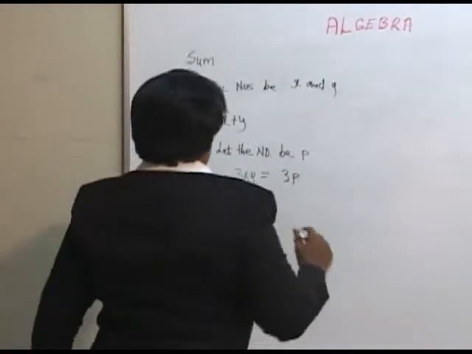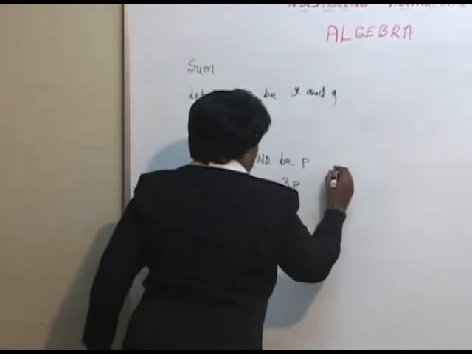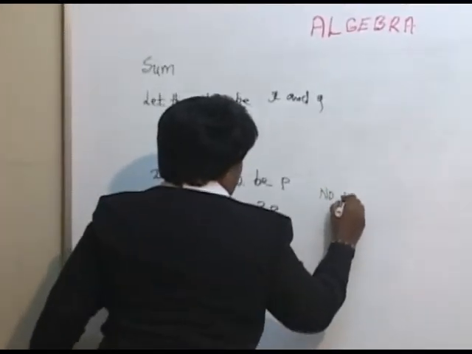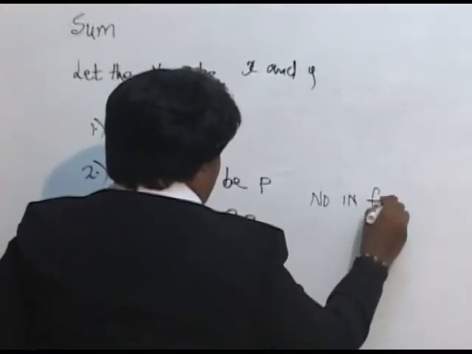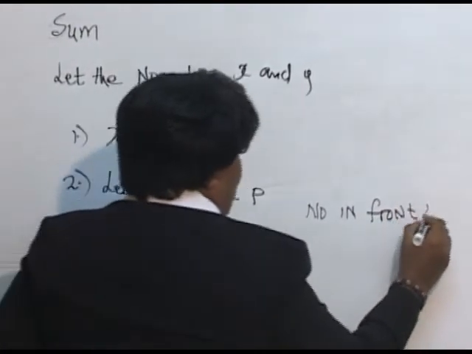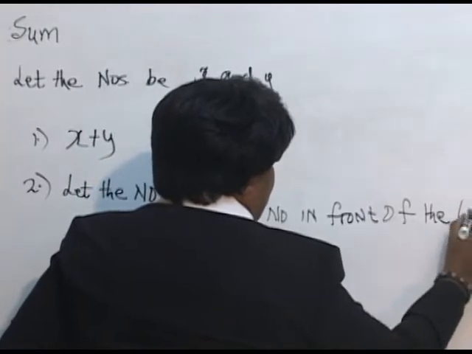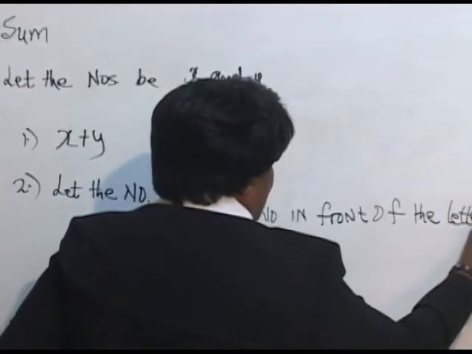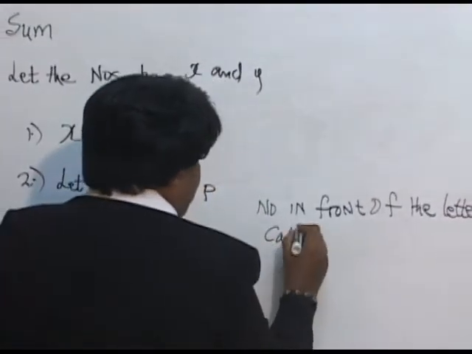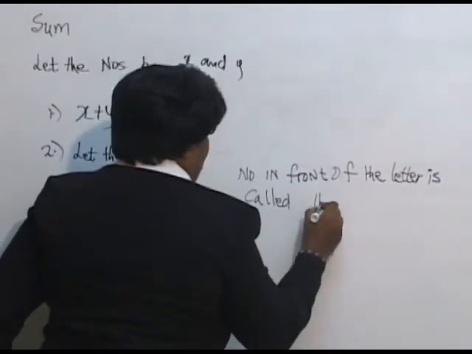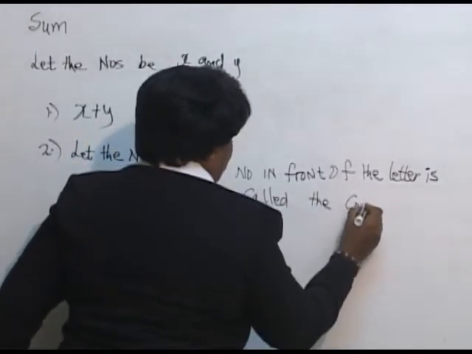Okay? So let us get that new word on the board here. The number in front of the letter is called the coefficient.